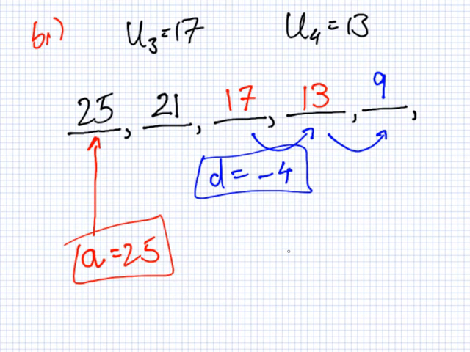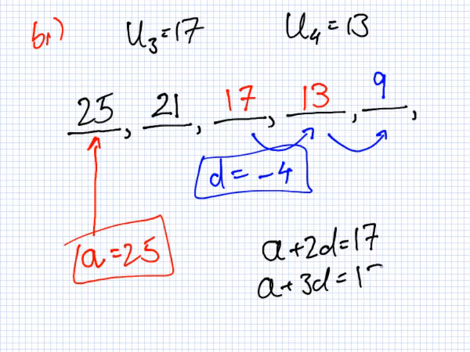Now if you want to do it as a formula, you would have to say A plus 2D equals 17 and A plus 3D equals 13. If you solve that, you'll get the same answer. So both methods I think are fine here.